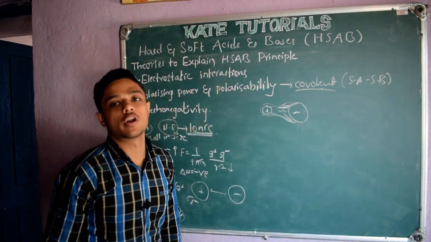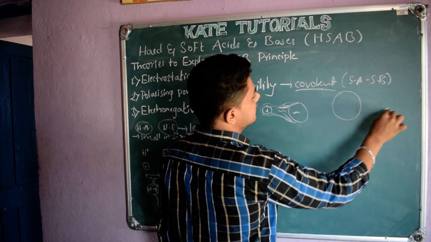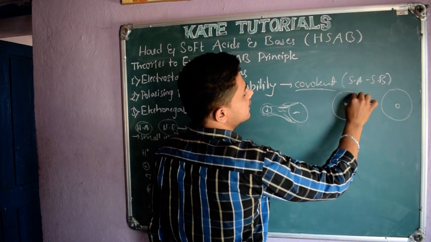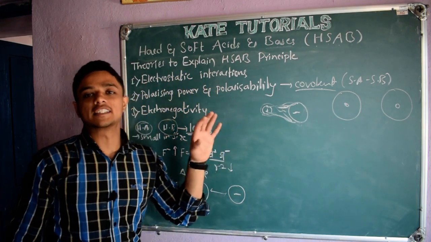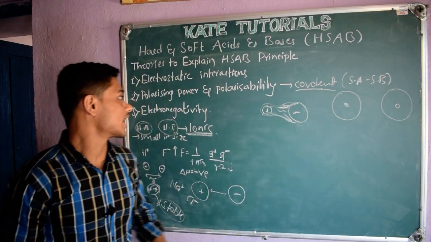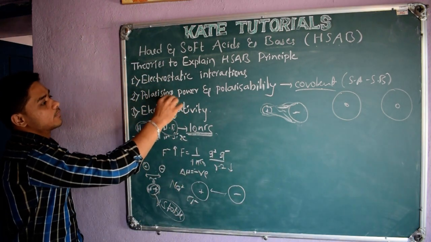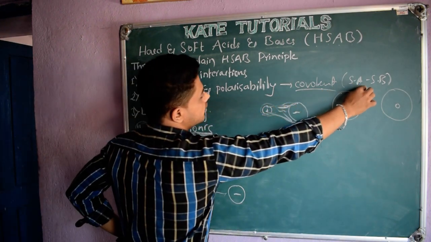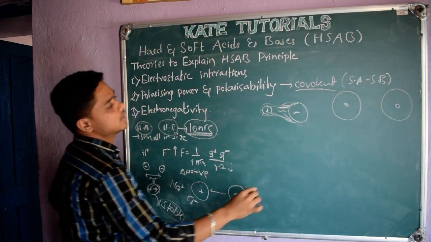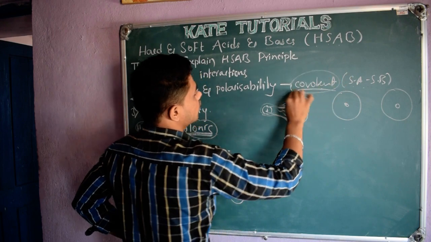Those will have a covalent bond because of large size. The nucleus won't have control over the electron density, so some polarization occurs. The distortion in the electron density is nothing but polarization. So a covalent bond will be there for soft acid and soft base, whereas for hard acid and hard base, the bond will be ionic.